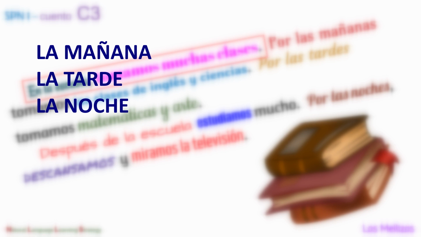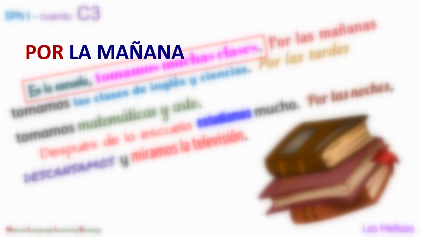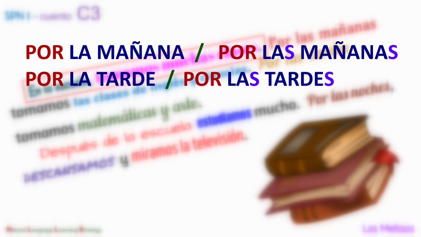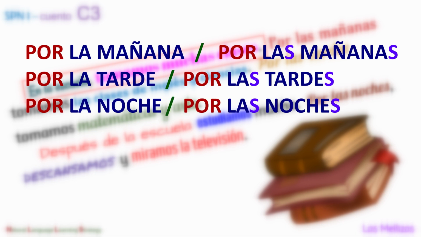The proper way to say them are por la mañana, por las mañanas, in the morning, in the mornings, por la tarde, por las tardes, in the afternoon, in the afternoons, por la noche, por las noches, in the evening, in the evenings, and also at night.